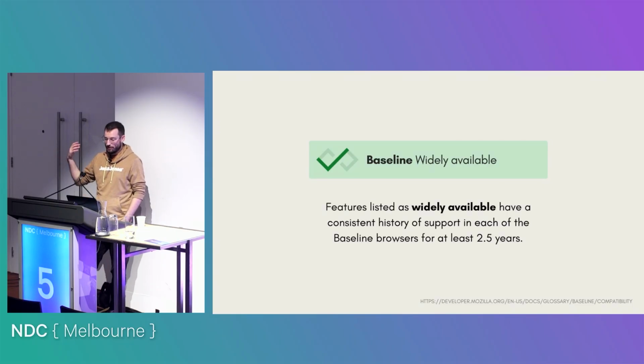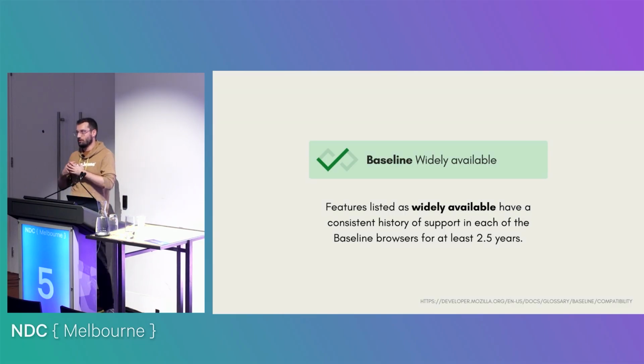Widely available basically means the feature is in all of the modern browsers and has been in those browsers for at least 2.5 years. That should give us a certain confidence that, given how auto-update works in browsers nowadays, most of the users will have access to these features.